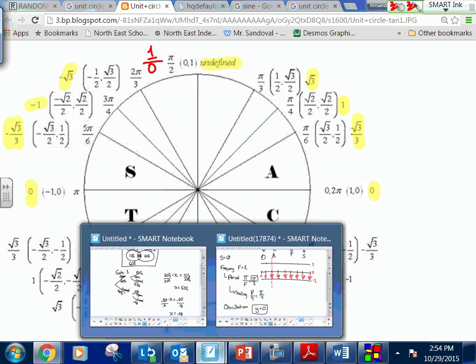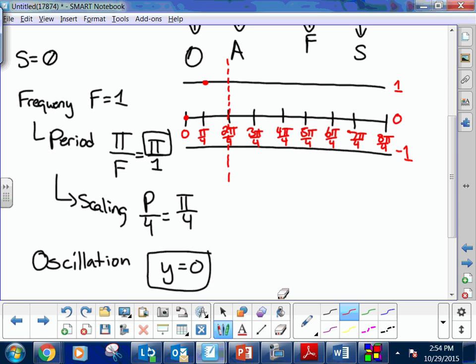Which means that in our trig function, where it says 6 pi divided by 4, we're also going to have an asymptote there. Now, it's this asymptote that is actually going to make my trig function have this quality that it's going to shoot off in this direction as it approaches.